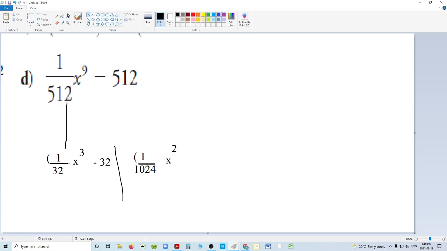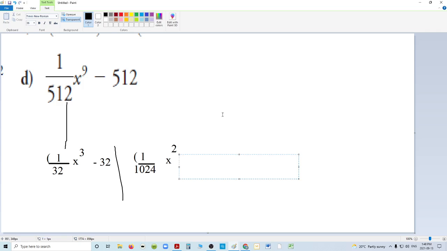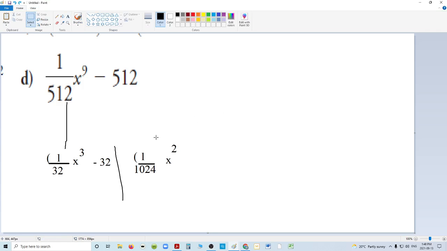Then the terms times each other with a plus sign, the 32's cancel out, and I'm just left with plus x plus, oh, and don't forget this is not x squared, it's x to the 6, because I started with x to the 3, and x to the 3 squared is 3 times 2, x to the 6.